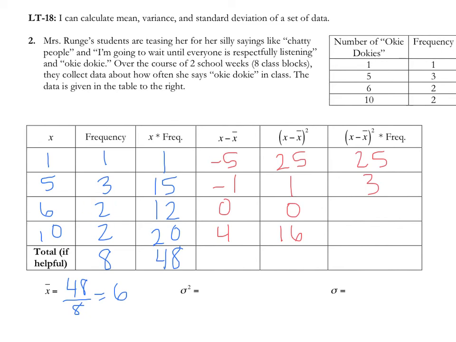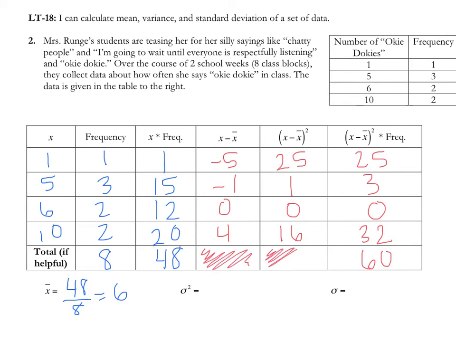That makes 0. Then we want to do 16 times 2. That makes 32. So now we're going to add all these up and divide by the total number of data points there are, which was 8. So if we find this sum, we're going to get 60.